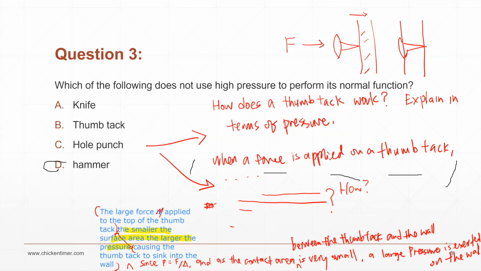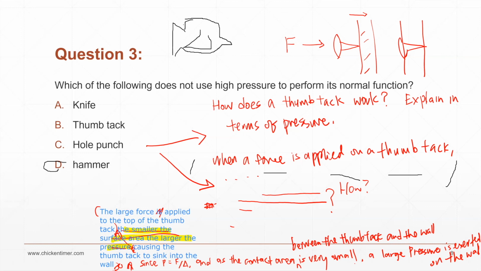Since pressure, and the area of contact is very small, a large pressure is exerted on the wall. Still got some grammatical errors. Okay, like that. My arrow will come into here. Then I take out this one. This is already absorbed here.